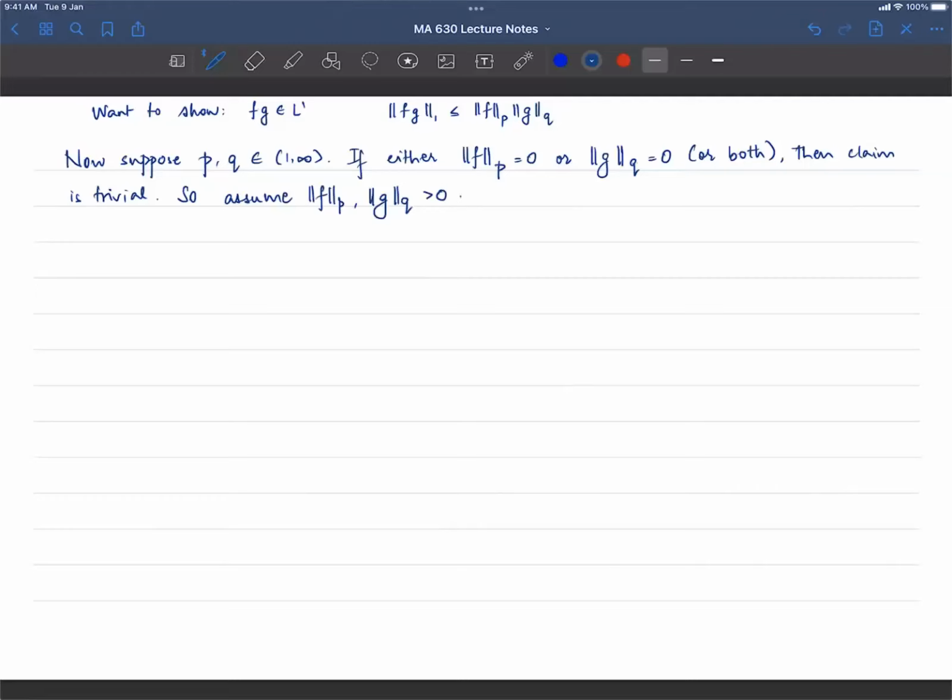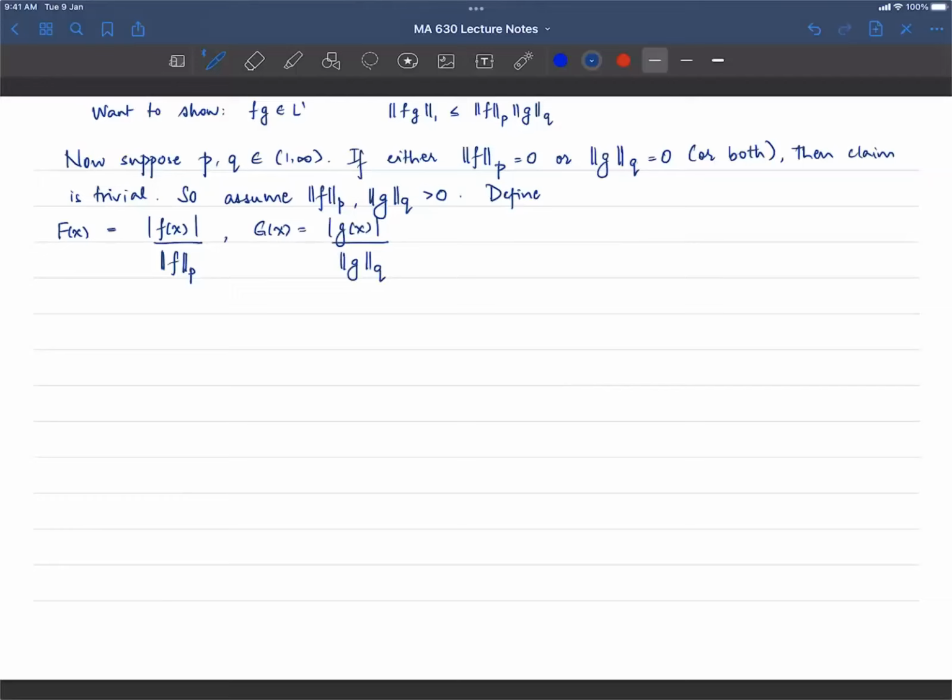Okay. Now here's what I'm going to do. I'll define capital F of X equals the absolute value of F of X divided by the P norm of F, and capital G of X equals the absolute value of G of X divided by the Q norm of G. Remember again, if the numerator is 0, there's no problem. We are assured that the denominator is non-zero.